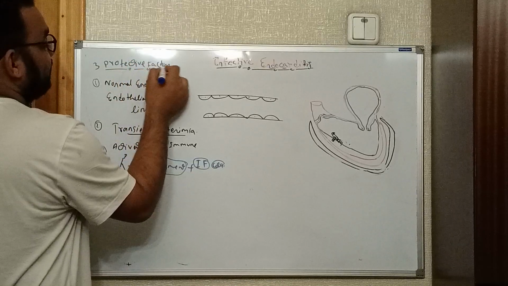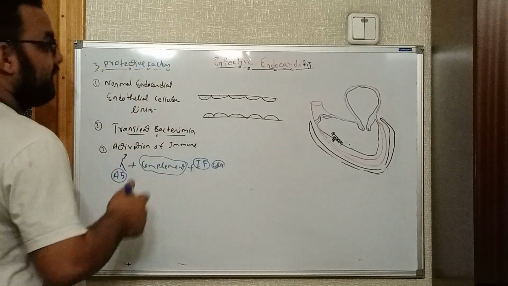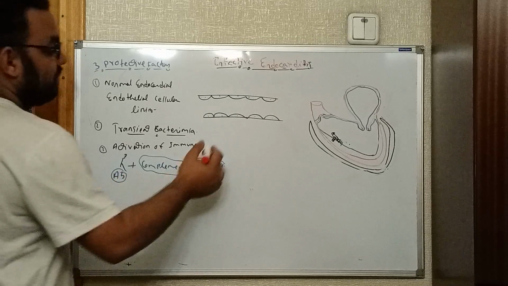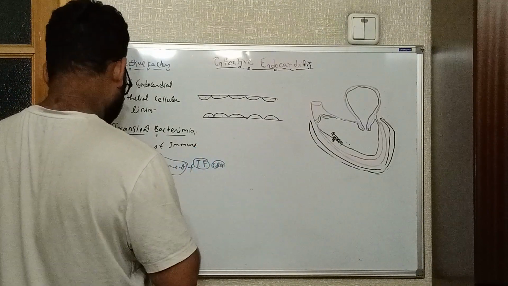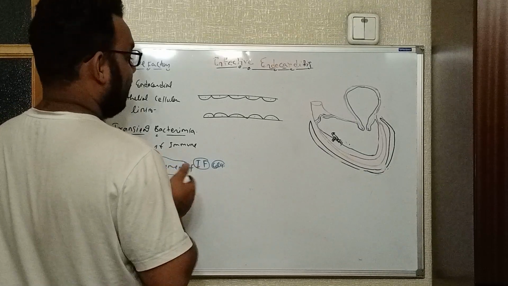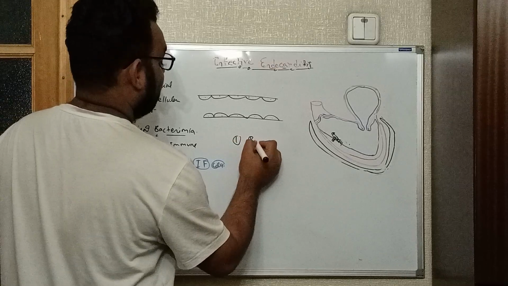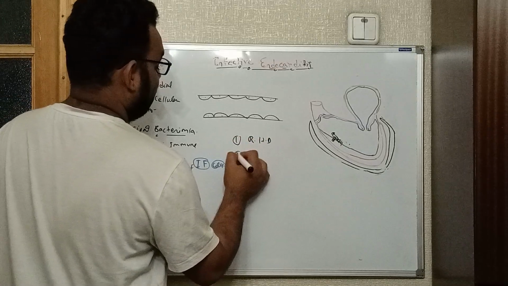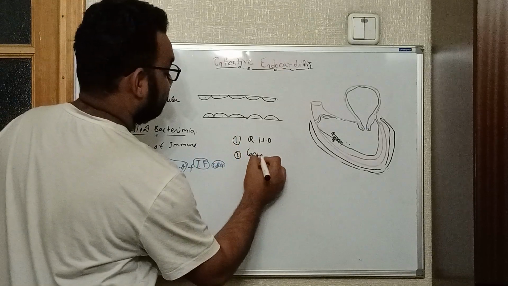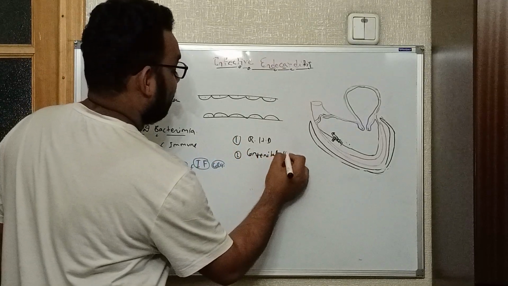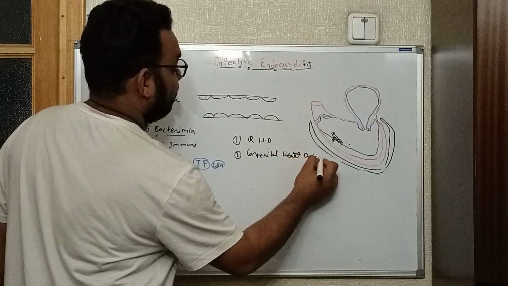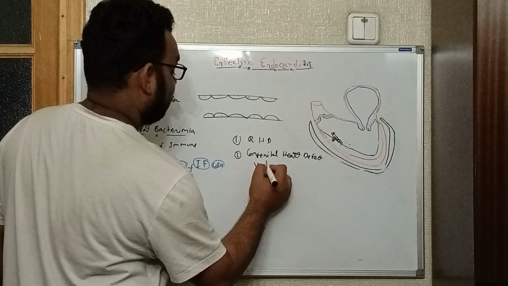Now, what causes infective endocarditis? The predisposing factors of the disease, for example, the classical example is rheumatic heart disease. Or congenital heart defects, like a ventricular septal defect.